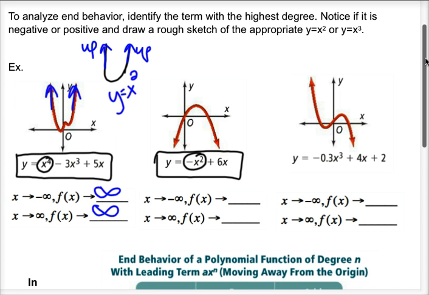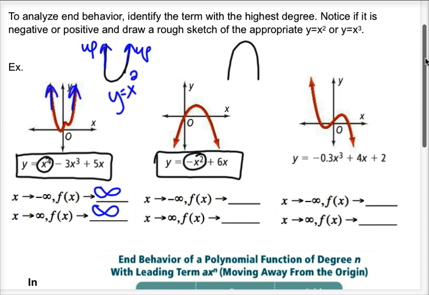So just focus on that first term. Now here it actually is a negative x squared, okay? So you already know the basic shape of that graph. This time is going to be a parabola facing downward, okay? But again, if it were any even exponent, you know that's how it would act.